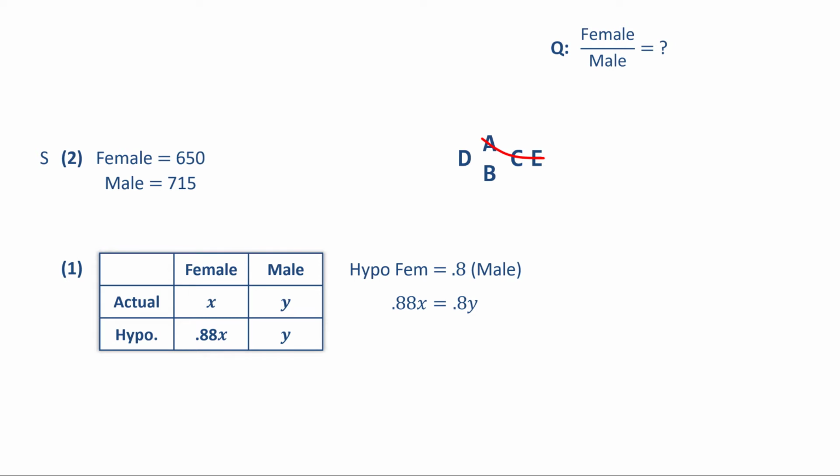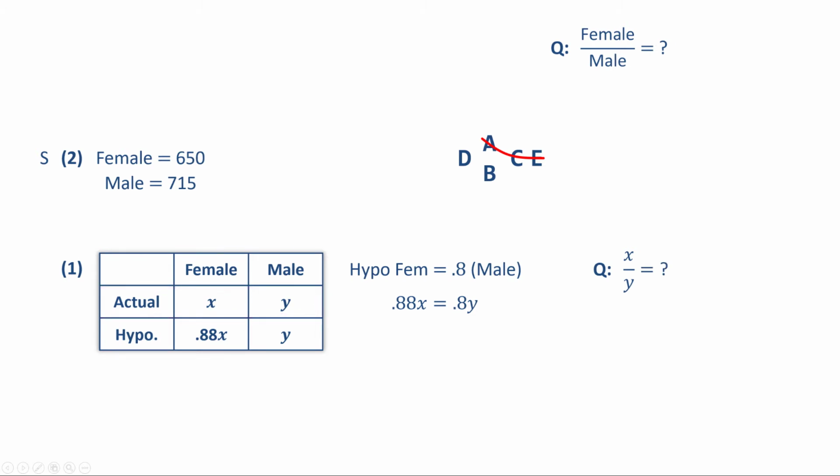The question asks for the ratio female over male. It doesn't mention a hypothetical case, so it must be talking about values in the actual row of our table. There, female is x and male is y, so let's write Q: x over y for female over male equals question mark.